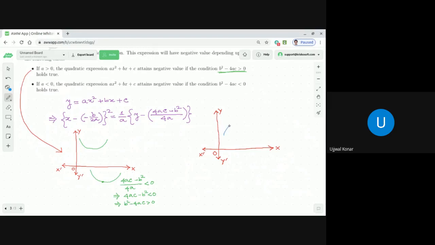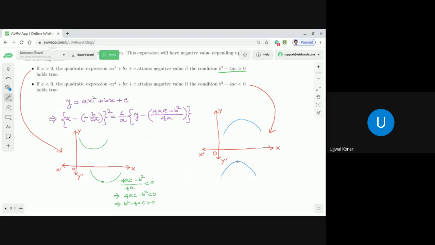So the curve will be flipped downward like this. Now if you look into that, let me draw it here a little bit like this. Now we are thinking about the negative value. For the negative value, we are studying this case. Okay.